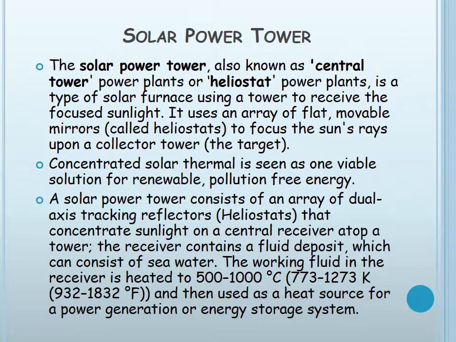The receiver contains a fluid such as oil or molten salt, which can include seawater. The working fluid is heated up to 500 to 1000 degrees Celsius, which is way higher than in the parabolic trough, and then used as a heat source for power generation or energy storage systems. So this is also a very useful technology that's being used right now.